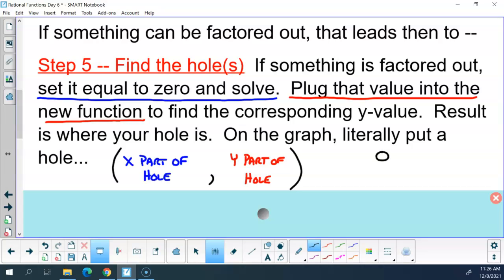That hole can't be crossed, filled in, or gone around. You literally have to go up to it, pick up your pencil, put it back down on the other side, and then continue on.